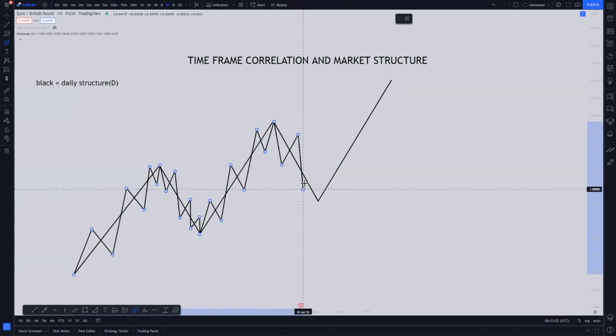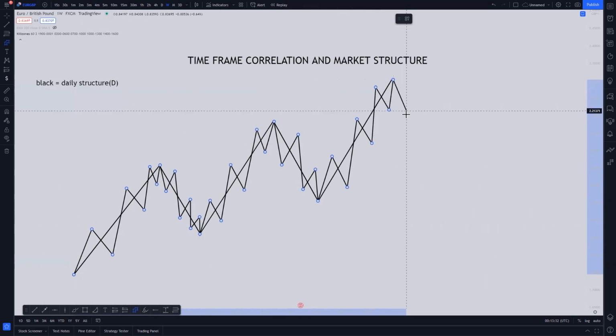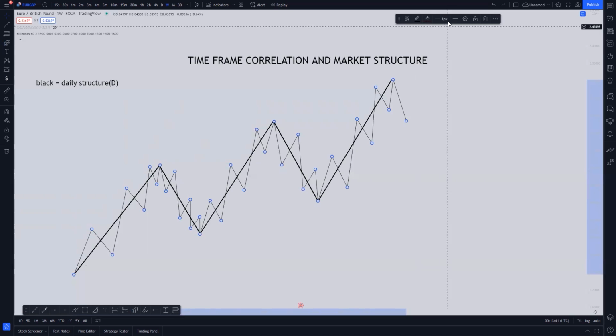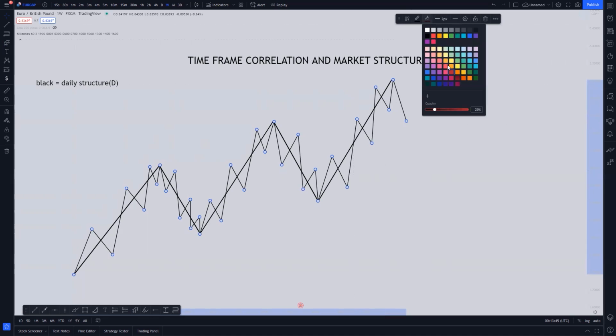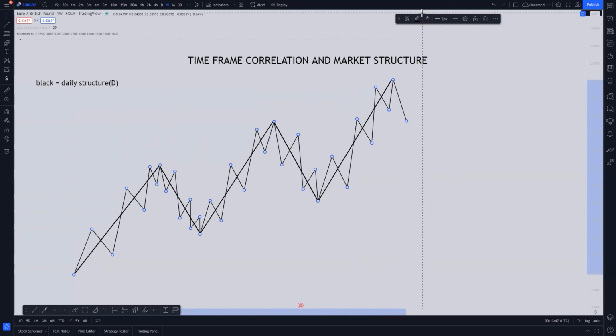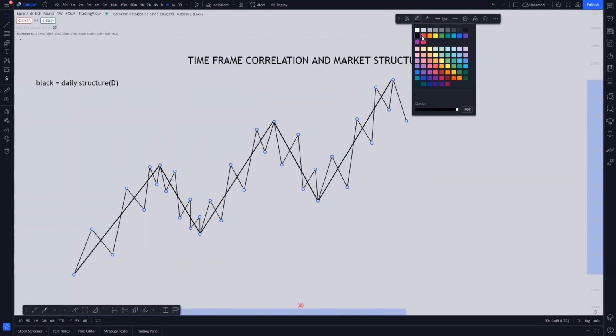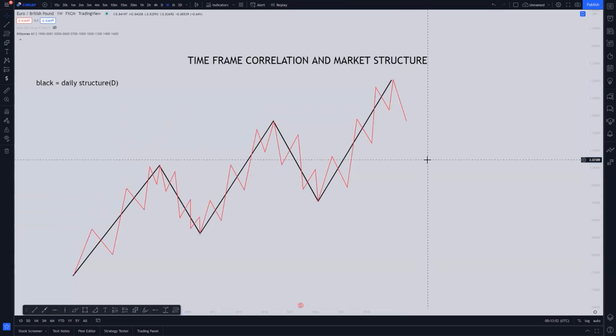So I believe you understand what I'm trying to do here, and don't worry, I'm going to explain. I'm going to reduce this to, let's say, 2 pixels, and let me change the color to red.